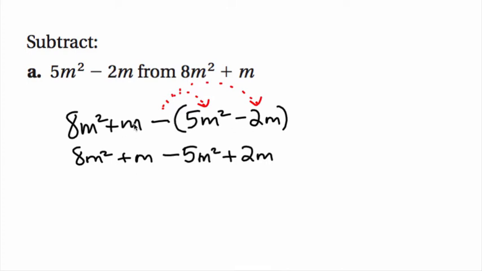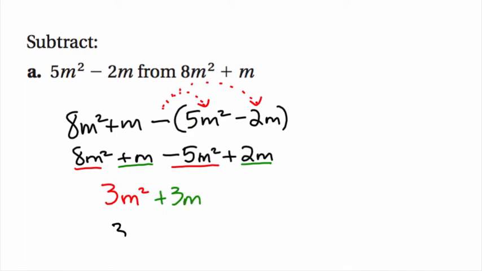Now it's very similar to the last question. I need to identify my like terms. So m squared is going to be like m squared, and m is going to be like m. So 8 minus 5 is 3, and m plus 2m is 3m.